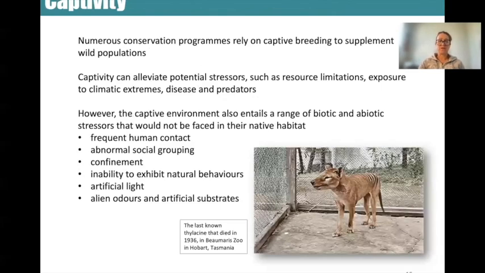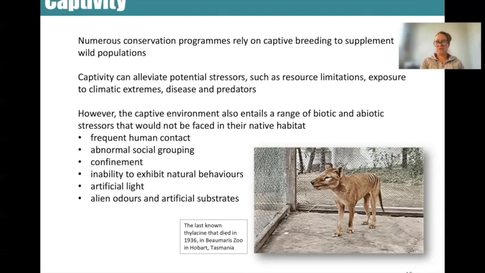Captivity is a stressor, specifically in relation to ex situ conservation programs, those being ones that rely on captive breeding to supplement wild populations. Captivity can alleviate potential stresses that individuals might face in the wild, such as resource limitations, exposure to climatic extremes, and exposure to disease and predators.